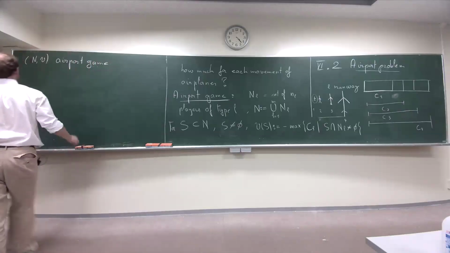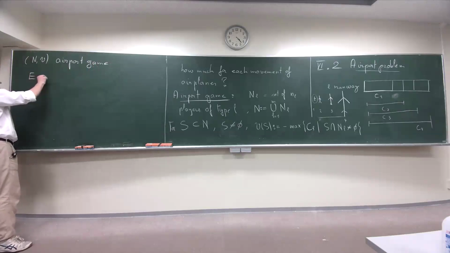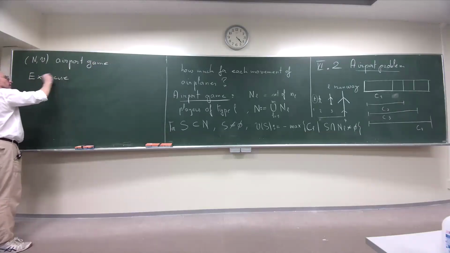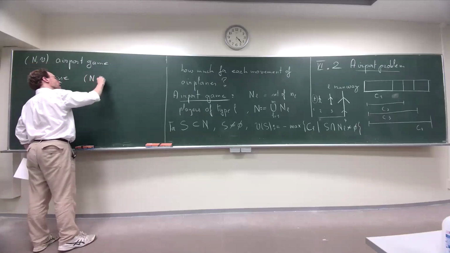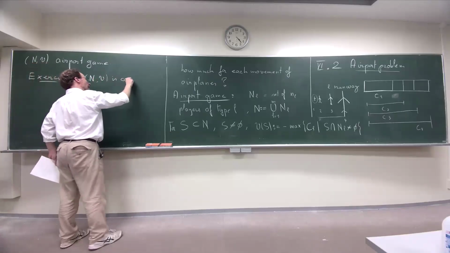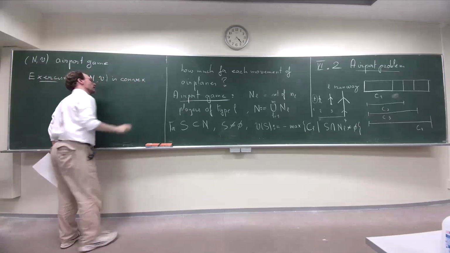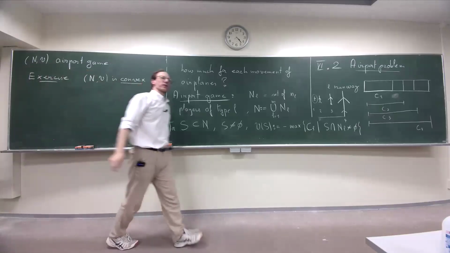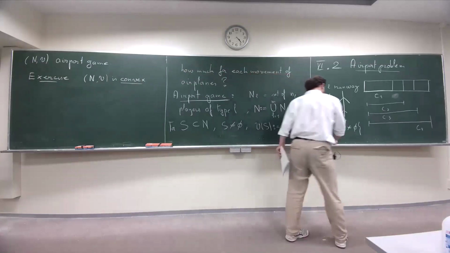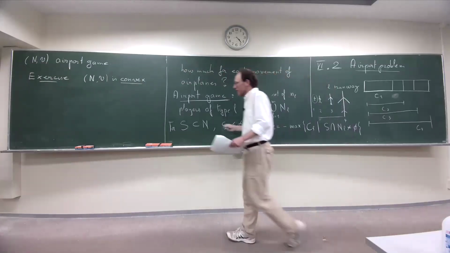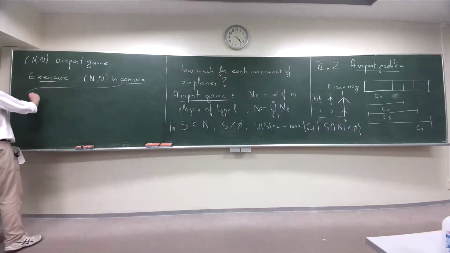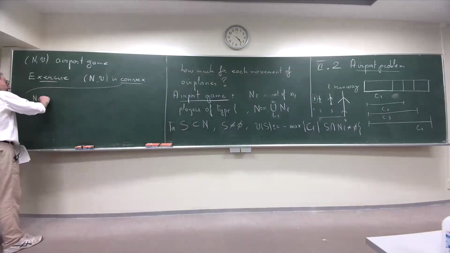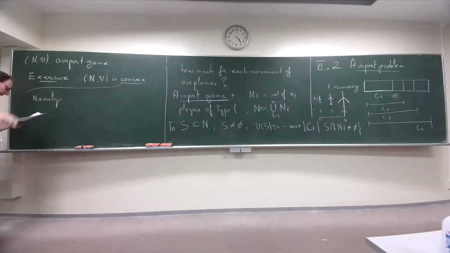And there is an exercise in the notes, and I need to introduce one definition. The game V is convex. I haven't introduced this notion of convex for a TU game, so I need to say what is convex in this framework. Namely, I just write what is the notion of convex, and then you will see that it's a useful notion.